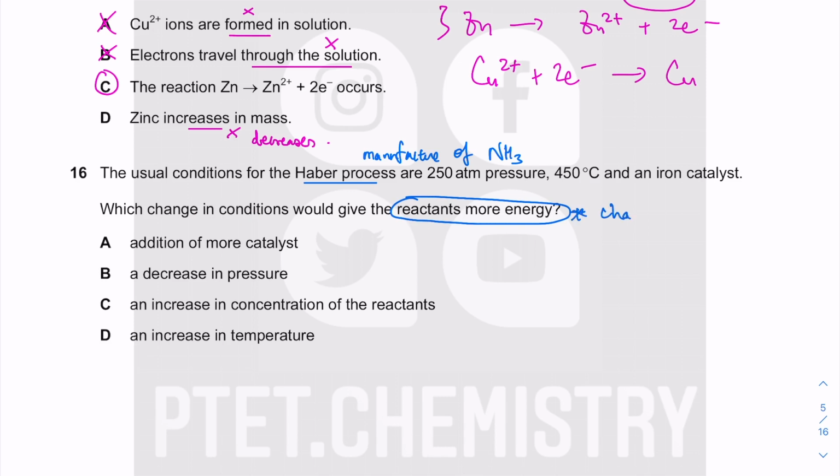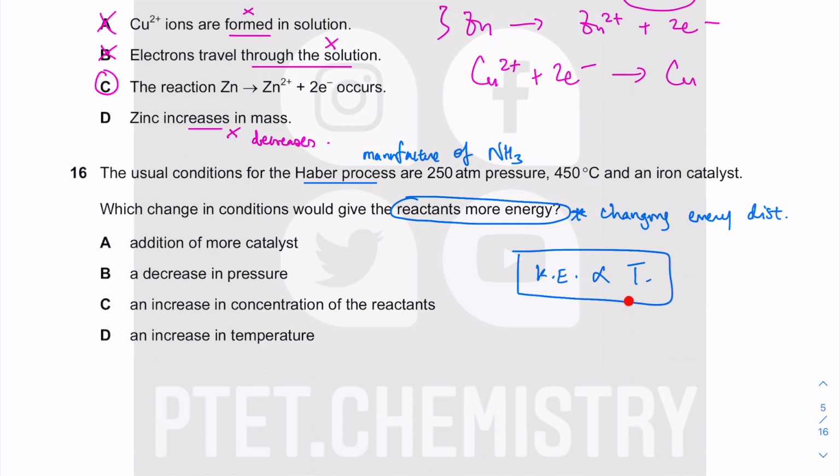A catalyst will never do that. Changing pressure and changing temperature can affect collision frequency, but only temperature can change energy. Pressure and concentration do not change energy, because kinetic energy is to do with temperature. Temperature is actually defined as the average kinetic energy that a particle has.